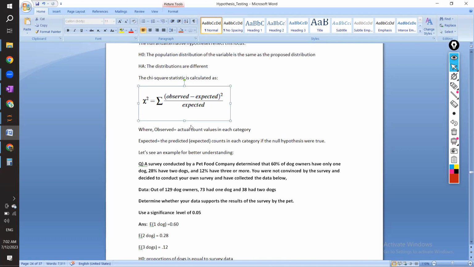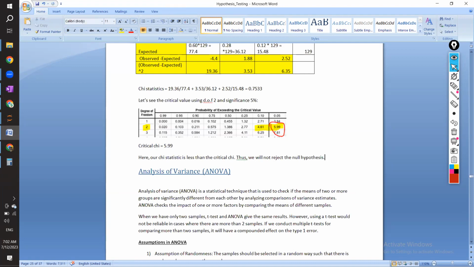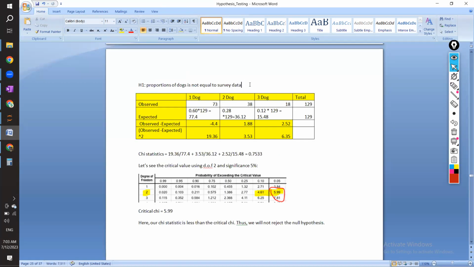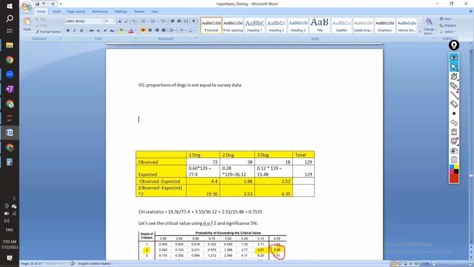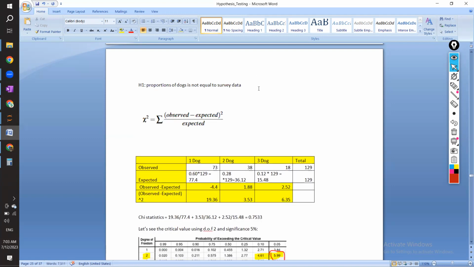Okay, fine. So now the point is we need to calculate this. For that we need to calculate it for all the dogs. As I said, however many categorical variables you have, you need to do it for all.